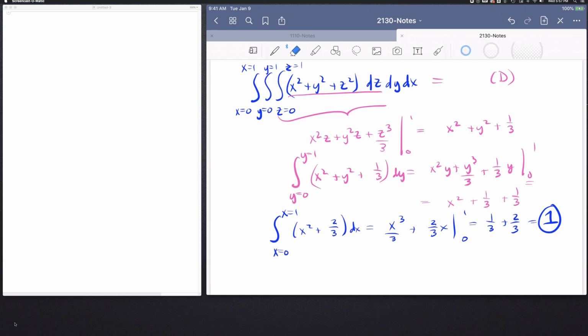So this is the mass of the region D. If we had just been integrating the function 1, we would have just gotten the volume of the region, which would have been a 1 by 1 by 1 cube, a volume of 1 unit cubed, of course.